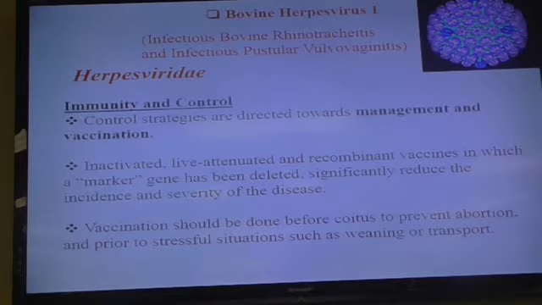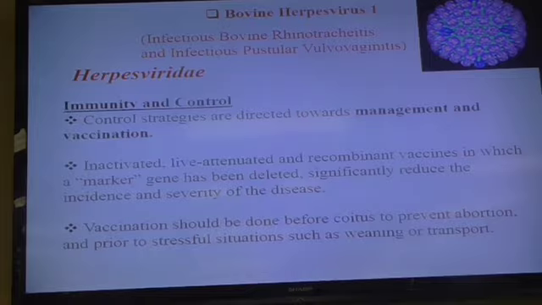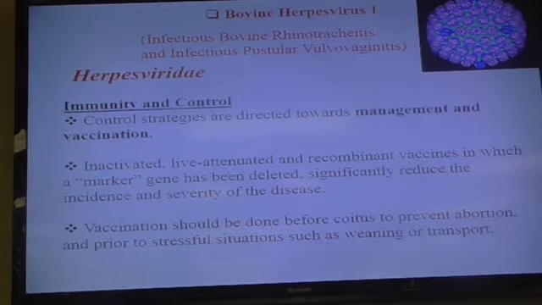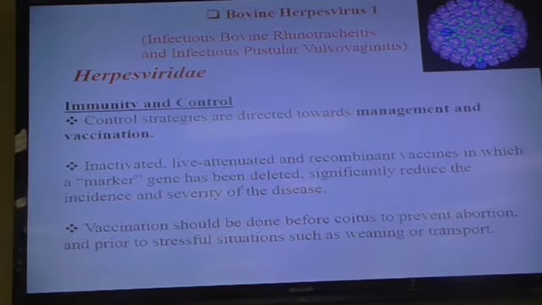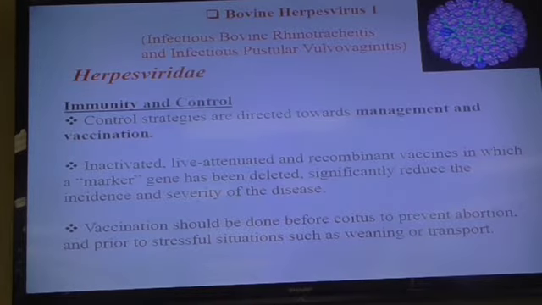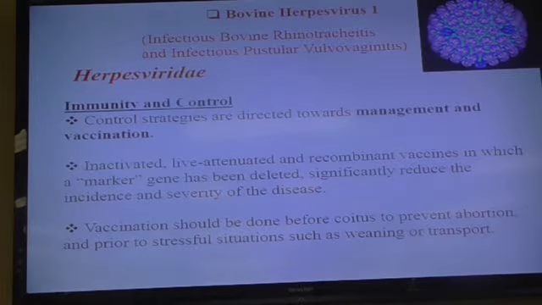Immunity, management and vaccination. There is a vaccine which is a marker gene vaccine, meaning that in the virus in the vaccine there is a deletion in one particular gene. This will help.